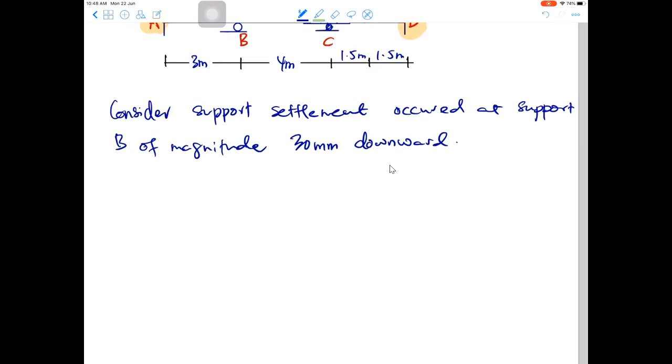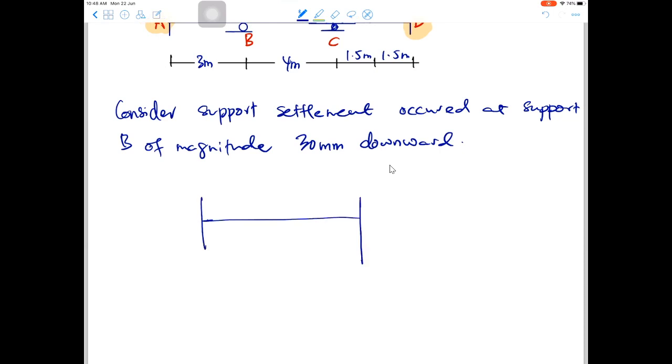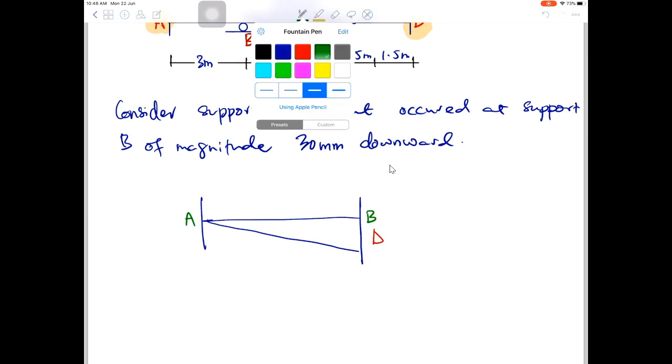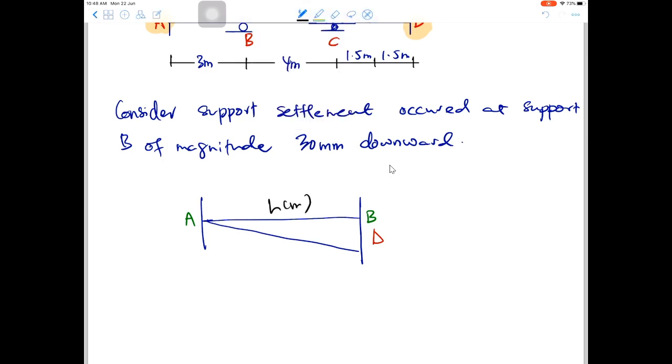If both ends are fixed like this, and then due to settlement, here is the delta. Both ends are fixed, so here is A and B. The delta, this one is L meter, and this one is the original position.